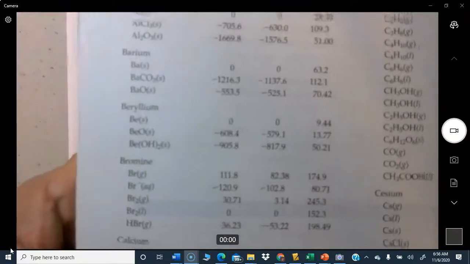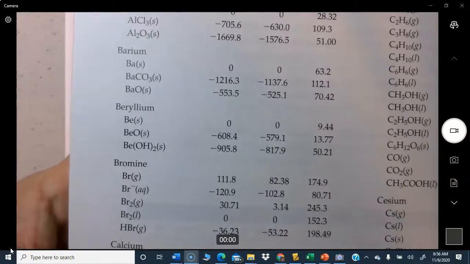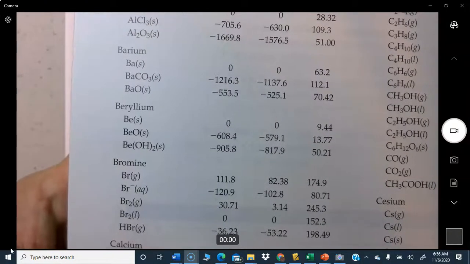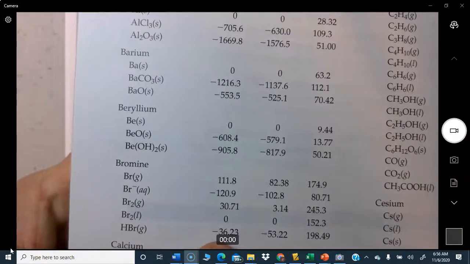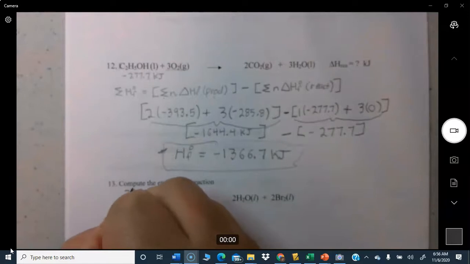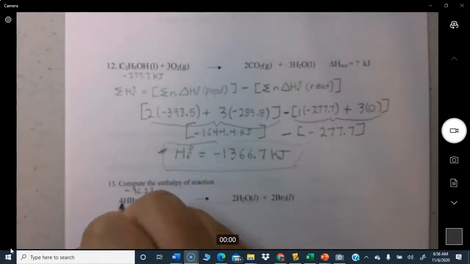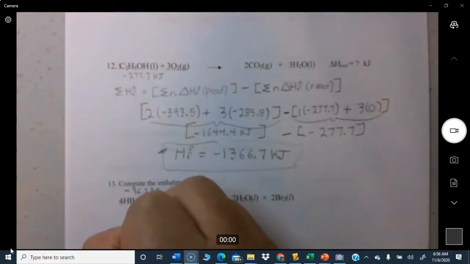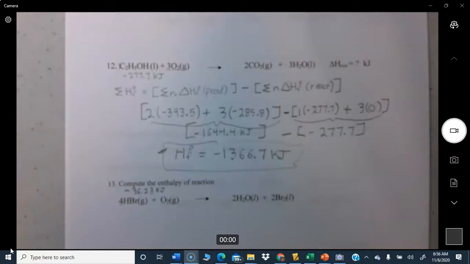Actually, you don't. You go to bromine. My bad. Okay, and there it is. HBr, hydrobromic acid, is negative 36.23. I'll be nice and I'll just write it down for you right here. Remember, you still have to multiply by the 4 moles.